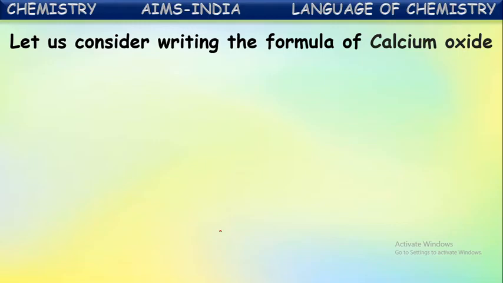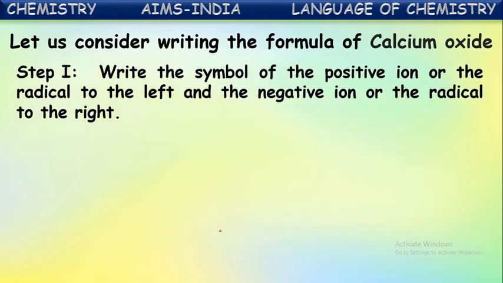The first step is to write the symbol of the positive ion or the radical to the left and the negative ion or the radical to the right. So first we write the positive ion's symbol, followed by the negative ion's symbol.